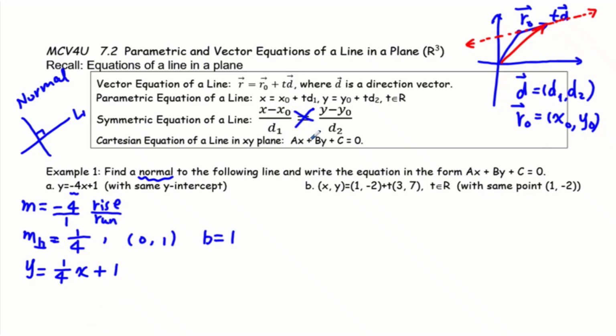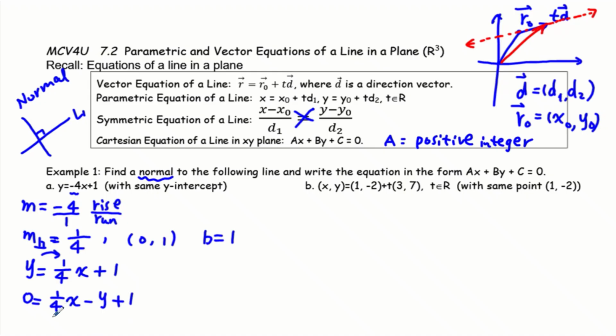And we want to write it in this form, so we want everything on one side. We want the number in front of x to be a positive integer. So this is positive already. We want to move the y to the other side to make sure the number in front of x is positive.